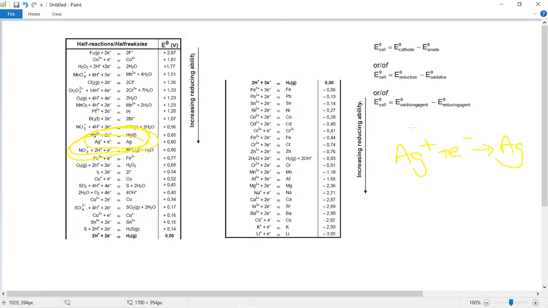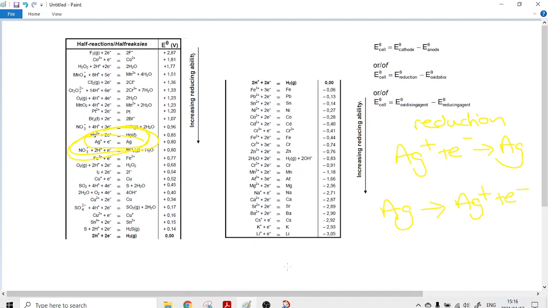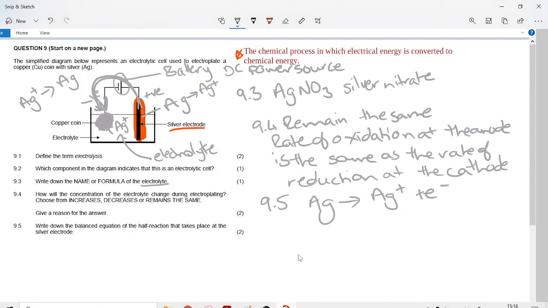But remember, this is my reduction reaction, and we are asking what's happening at the oxidation electrode, so we have to reverse the reaction. Ag goes to Ag+ plus an electron, and that will now be the appropriate reaction for the silver electrode, because the silver electrode is the anode. And that is the end of the question, which is relatively easy.